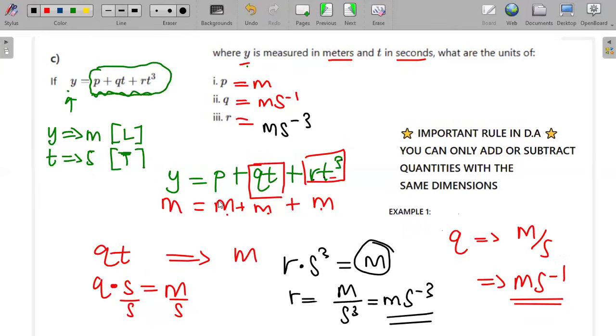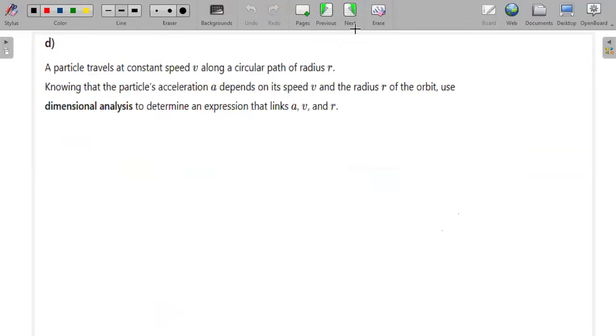Okay, so that was part C. Let's look at part D. Part D is deriving a relationship between given quantities. You can see here in part D, they're saying a particle travels at a constant speed v along a circular path of radius r.